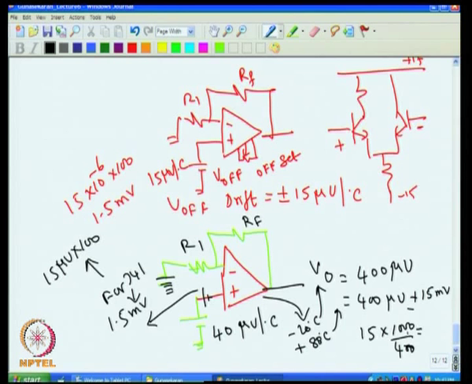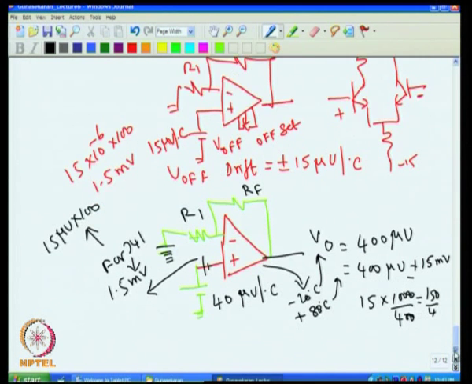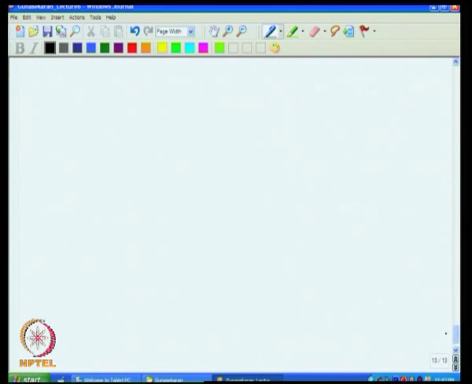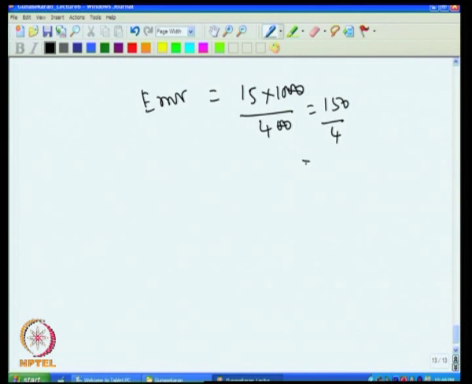So I divide by 400, that comes to 150 by 4. So the error will be 15 into 1000 divided by 400, that comes to 150 divided by 4, that is 37.5 degree C error.